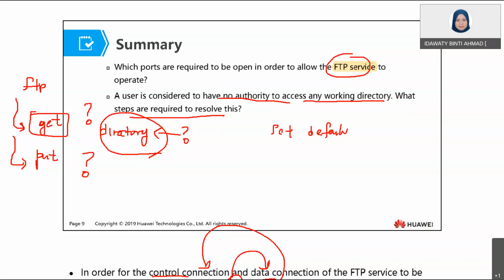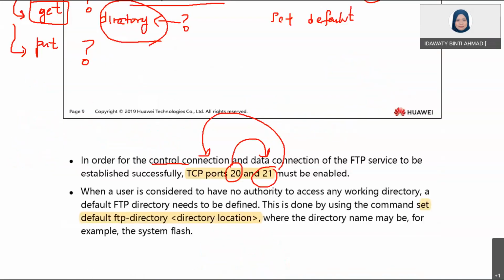So that the user can access by username and password, and also the user has a location to put the file, or to upload or download the file. The location, in Windows we call it a folder, but normally we call it a directory. So basically you need to have a default directory.